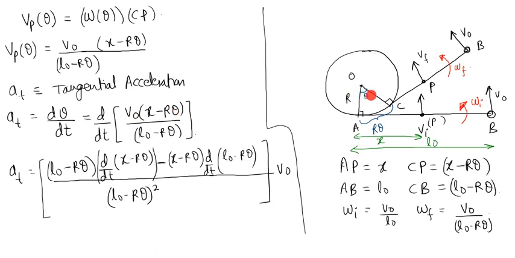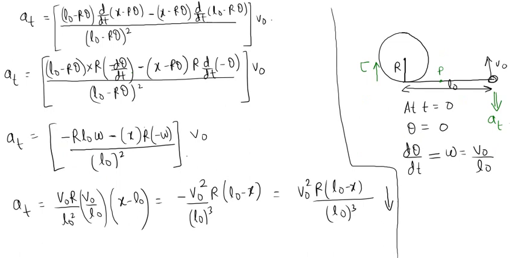So I will apply the quotient rule here. d by dt of f by g is one over g square into g times d by dt of f minus f times d by dt of g. So this is nothing but an application of the quotient rule.